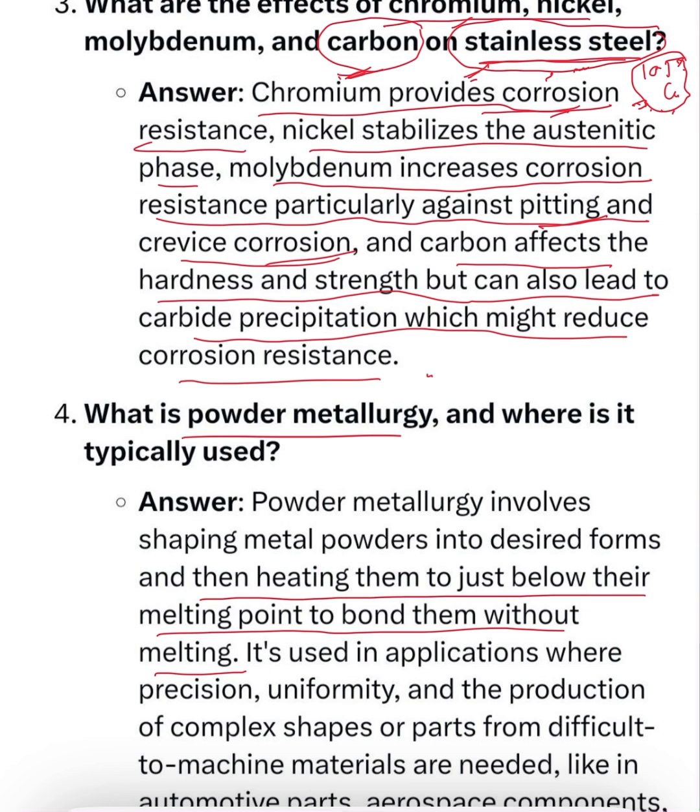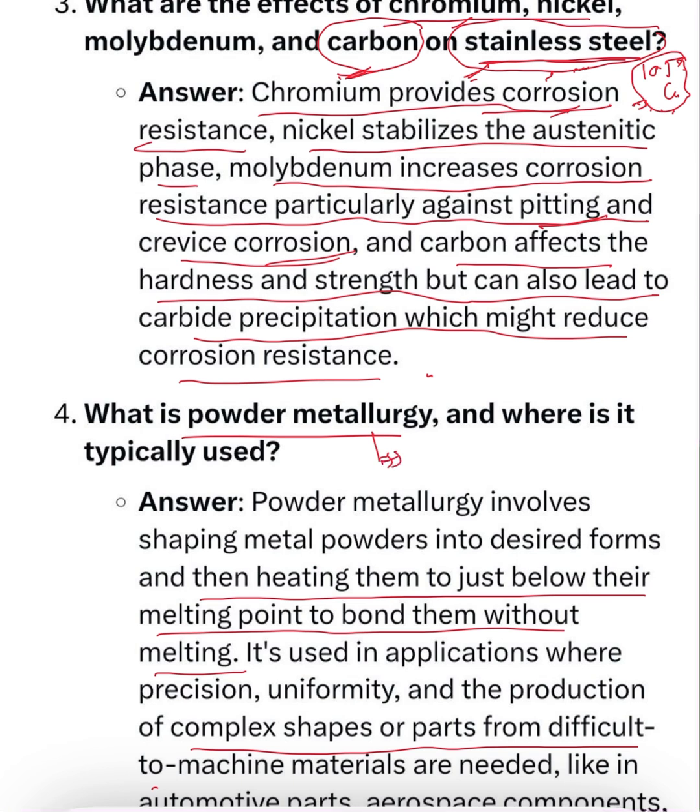It is used in applications where precision, uniformity, and the production of complex shapes are important, and where you cannot do machining processes, like in automotive parts and aerospace components. But usually, as the definition suggests, it involves shaping metal powders into desired forms and then heating them to just below their melting point.